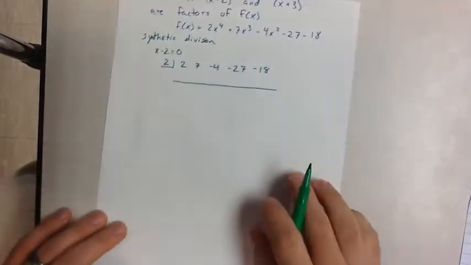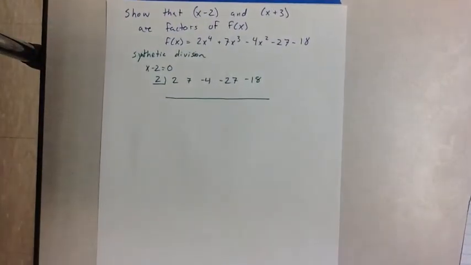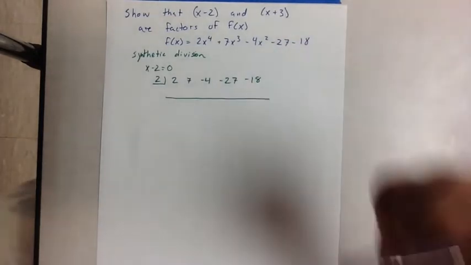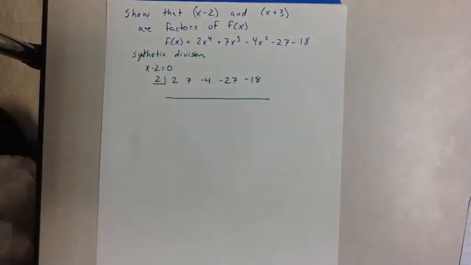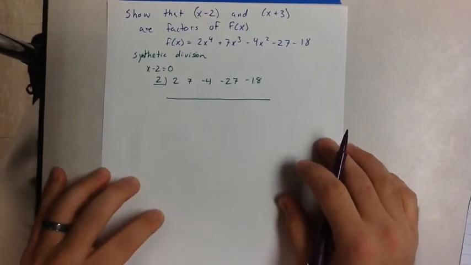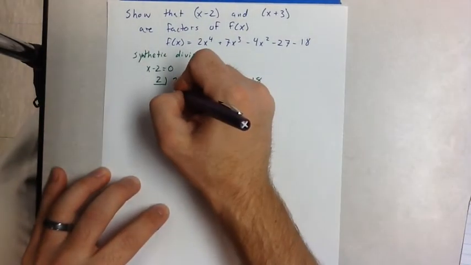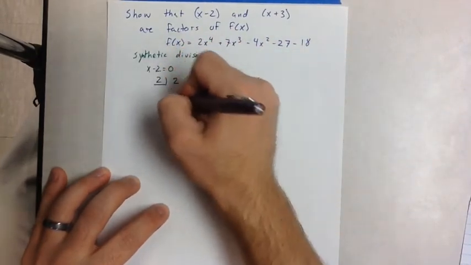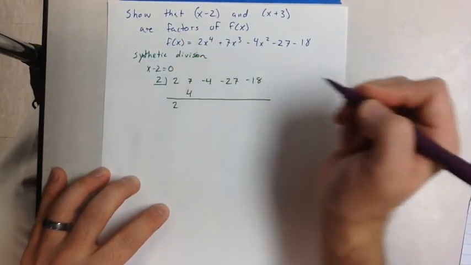Okay. So I encourage you with this problem, since we have gone through 2 of these already, pause the video and see if you can work through the process yourself and replay to see how you did. Okay, so let's see. We drop the 2. We get 2 times 2, it is 4.